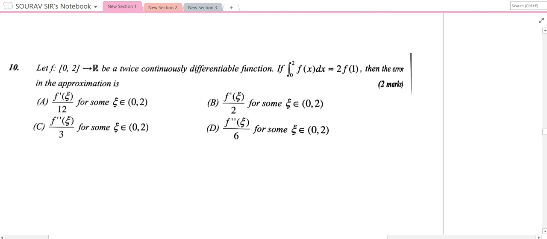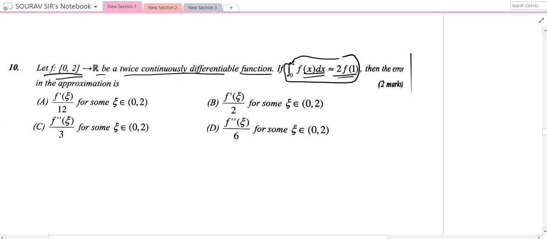Next, phi from 0 to 2 in R is a twice continuously differentiable function, and if the integral of f x from 0 to 2 is approximated by 2 into f of 1, then we need to find the error in the approximation. So 2 into phi of 1, this is very important over here.